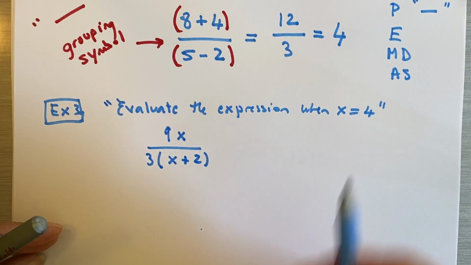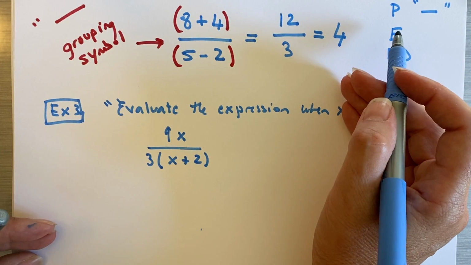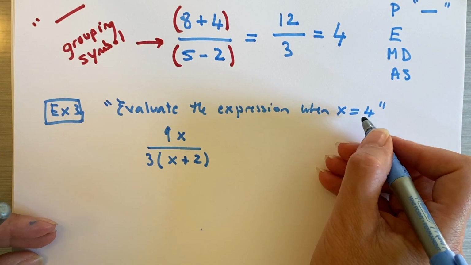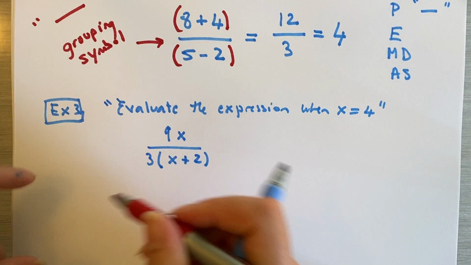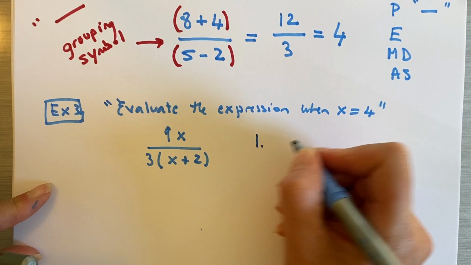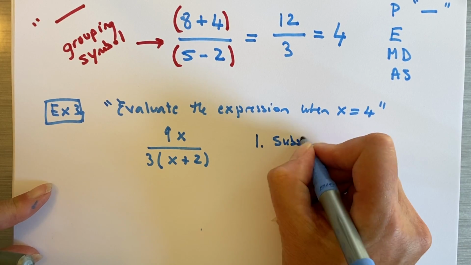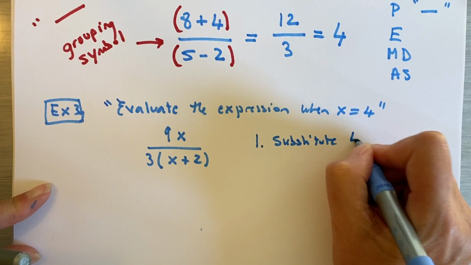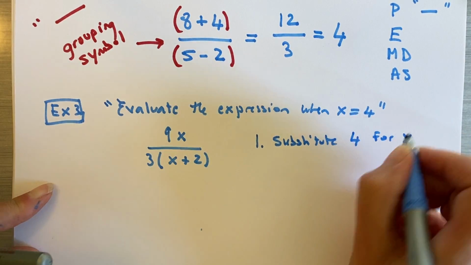Okay, and I've left PEMDAS at the top to guide us as we evaluate. But the first step, when you have a situation like this, and I will actually write step 1, is substitute 4 for x.